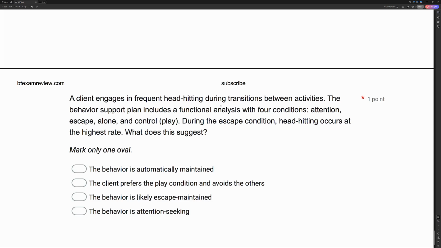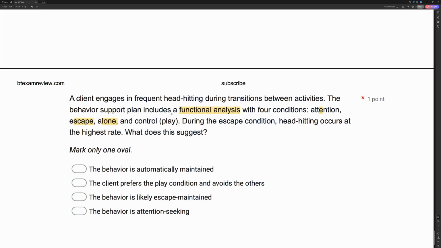So first, what is a functional analysis? A functional analysis is kind of the highest level of assessment where we are manipulating antecedents and consequences to determine the function. And the way we do that is we evoke a behavior and then we provide the behavior with what it wants. So attention or escape, being alone. And if the behavior changes or happens more or less, we can make assumptions.